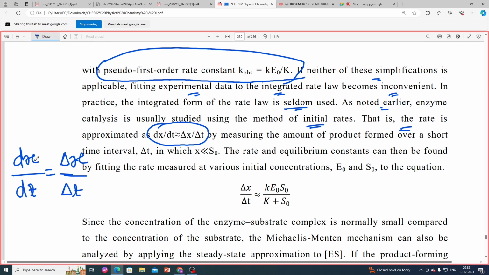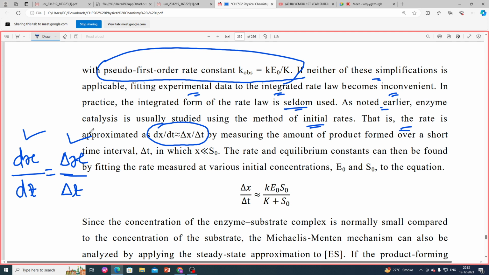What is the difference between the two? दोनों में क्या डिफरेंट है बोलो. पहले लेक्चर में आपको बताया था the difference between dx and delta x. Very good. Both are differences.